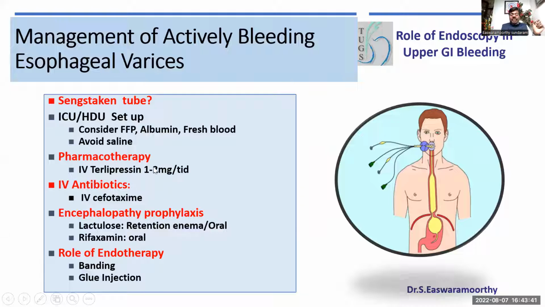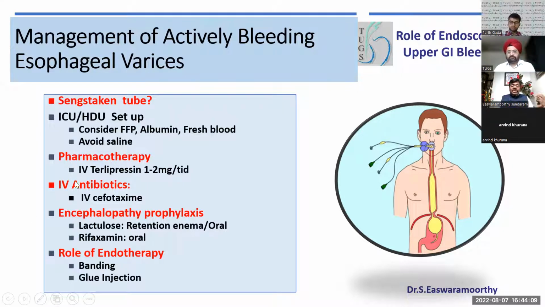In my opinion, this is better than somatostatin or octreotide, because somatostatin and octreotide are given as infusions, which may be okay for post-banding prophylaxis, but to stop the bleeding and bring down the portal pressure, terlipressin is very effective. It is my clinical experience. Maybe some subjective element is there, but I want the opinion from our co-moderators.